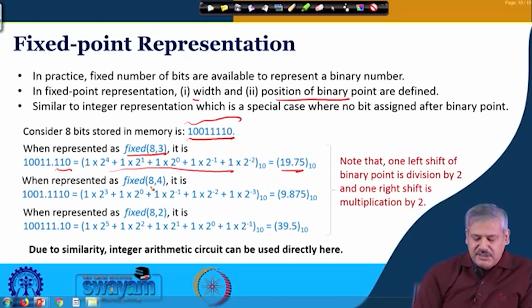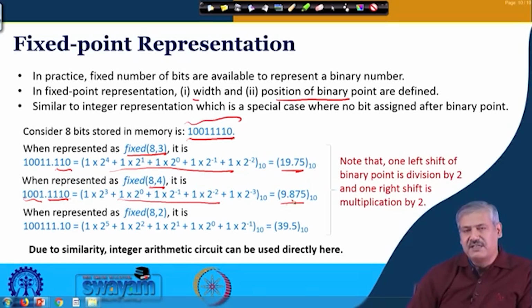Instead, if it was 8-4, 4 digits would have been there. The same 8 bits, because the width remains the same, that is what we have mentioned here, the width to be 8. So then the integer part becomes smaller, and the fractional part has more entries, and if you add them up, this is 9.875, what you get in decimal equivalent.